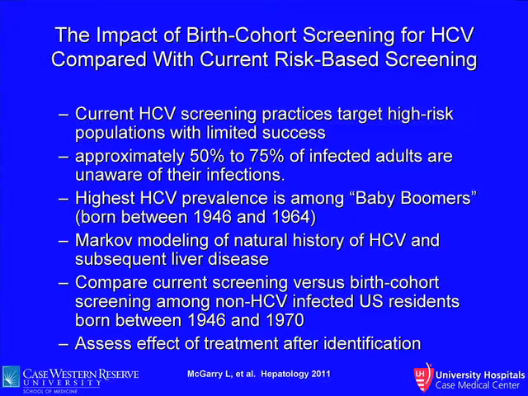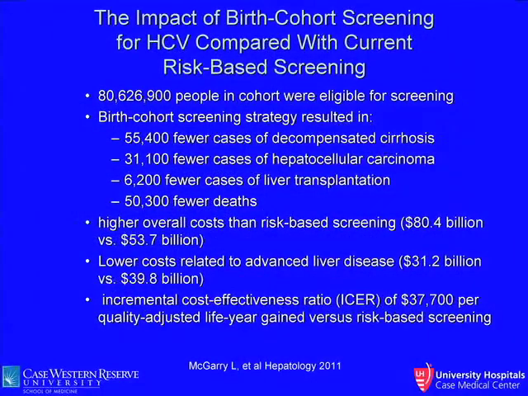If you look at this model that compares the impact of screening by birth versus by risk factor in people born between 1946 and 1970, and if you look at the impact of treatment on these patients, you will find, without getting into too much statistical detail, that if you use the birth cohort screening method, you would end up having 55,000 fewer cases of compensated cirrhosis, about 31,000 fewer cases of cancer, about 6,000 fewer cases of liver transplant, and potentially about 50,000 fewer deaths.